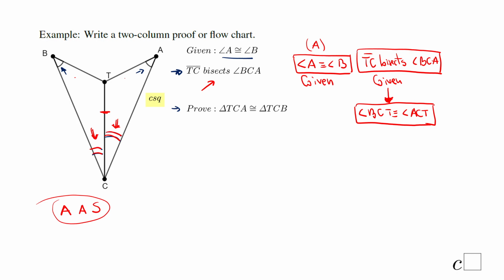This is the definition of angle bisector. Okay, so we have the second A in AAS, right? We just need a side. Oh, that is easy. Let me write it here. Which is what? The side TC is a common side, congruent to itself, TC.